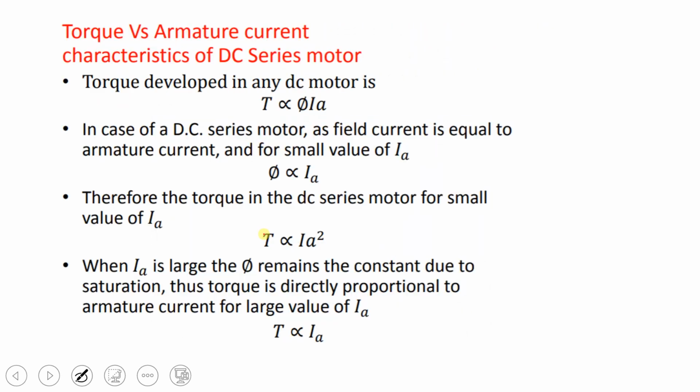Torque developed in any DC motor is T directly proportional to phi Ia. In a DC series motor, as field current equals armature current, for a small value of Ia, phi is directly proportional to Ia, and we can write T is directly proportional to Ia squared. When Ia is large, phi remains constant due to saturation, and torque is directly proportional to armature current for large values of Ia.